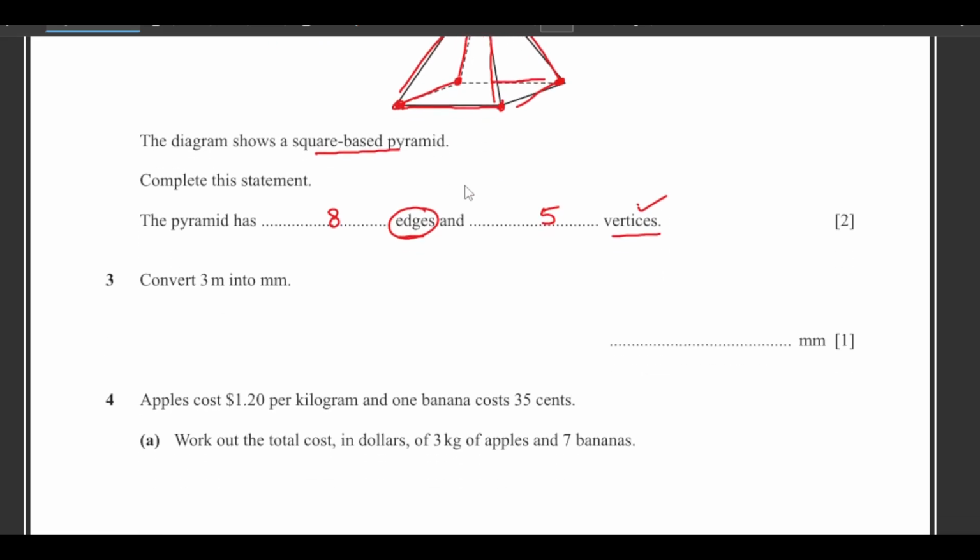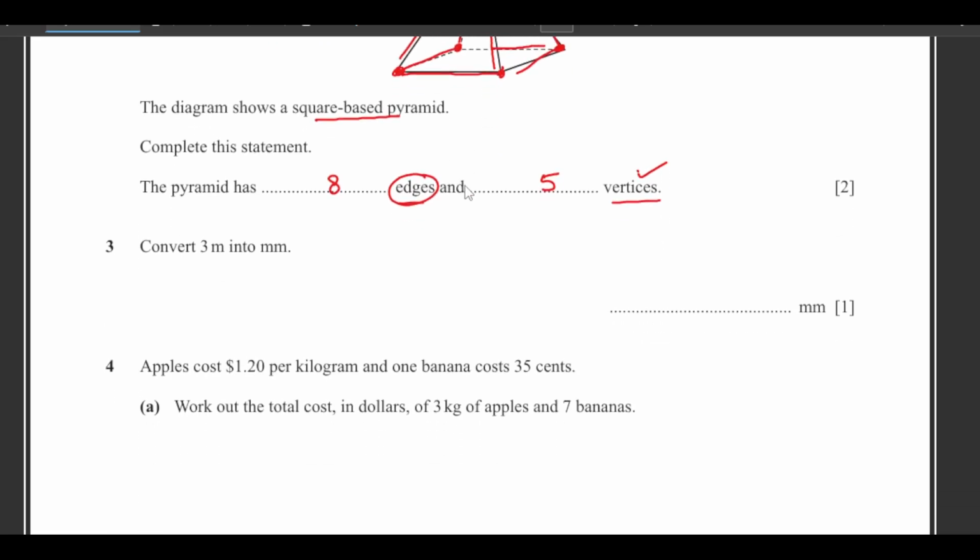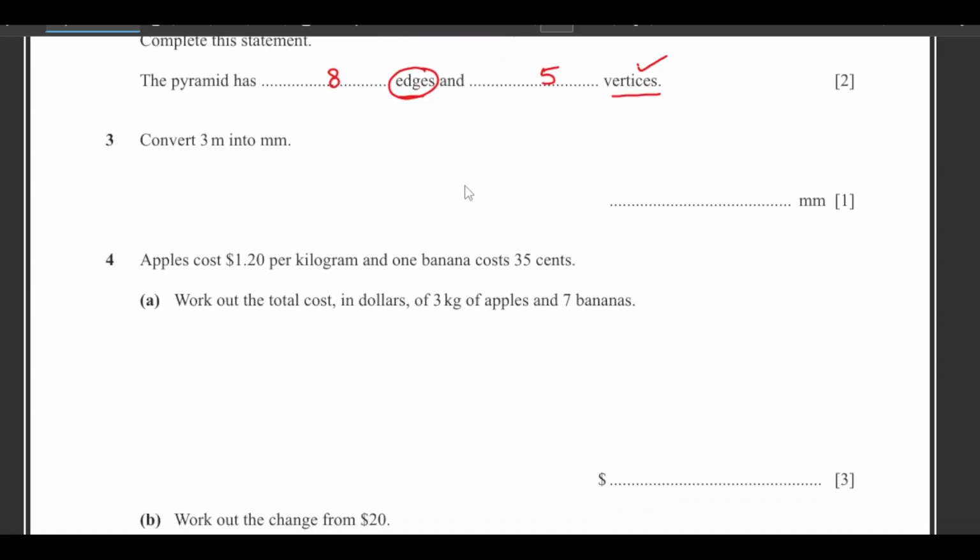Now next is convert 3 meters to millimeters. So as you know, we have to go step by step, 1 meter is equal to 100 centimeters, and then 1 centimeter is equal to 10 millimeters, right?